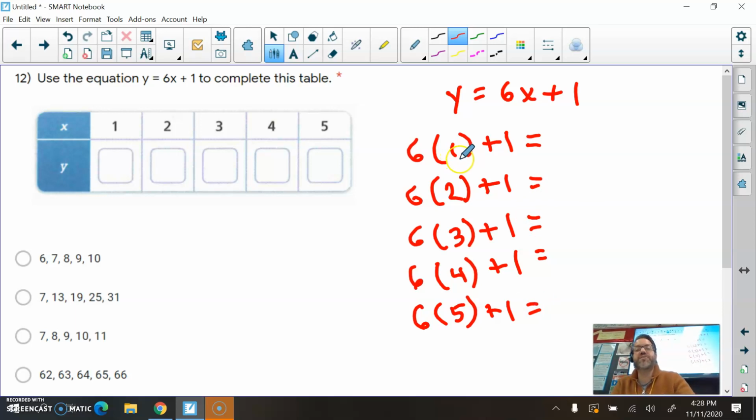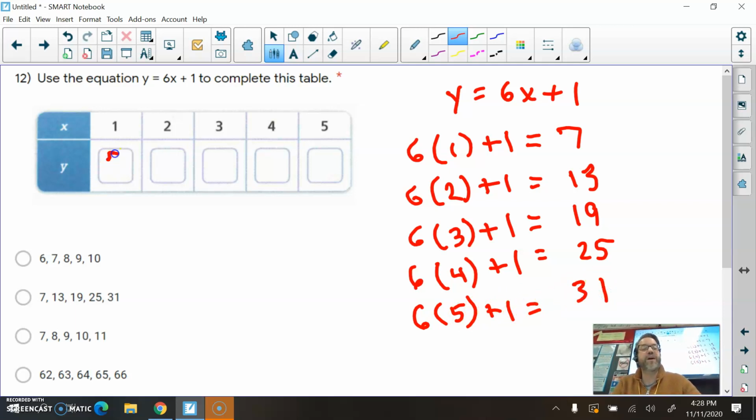6 times 1 is 6. 6 plus 1 is 7. 6 times 2 is 12. 12 plus 1 is 13. 6 times 3 is 18. 18 plus 1 is 19. 6 times 4 is 24. 24 plus 1 is 25. 6 times 5 is 30. 30 plus 1 is 31.